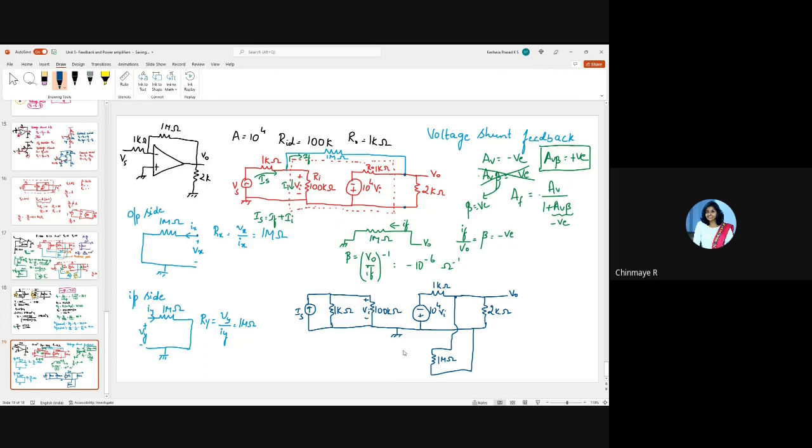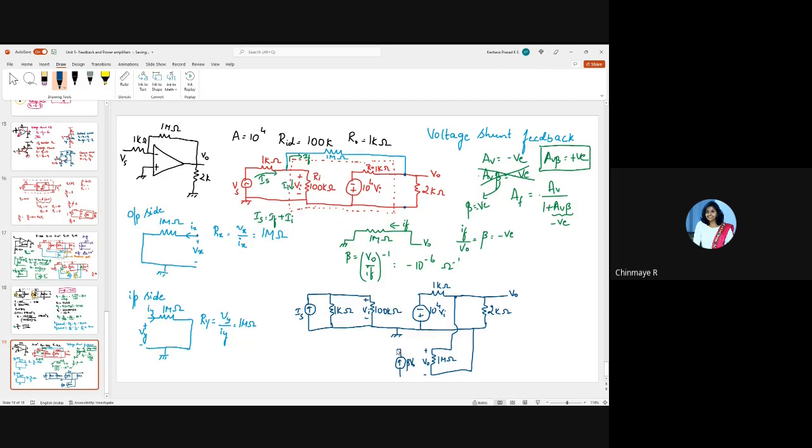So now you're feeding this in the form of a current, which is nothing but beta V naught, where V naught is this voltage, correct? And why have I written the current direction opposite, as in upwards here? Because beta, we got it as negative due to the opposite signs of the current here.